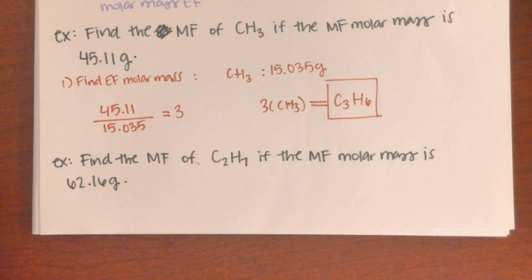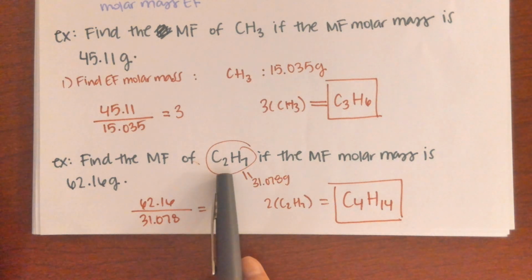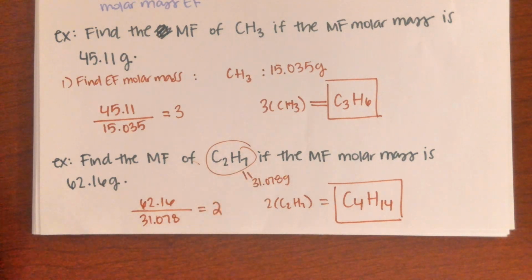Pause the video and then play once you get your answer to check your work. Alright, so the answer is C4H14. I found the mass of C2H7, which comes out to be 31.078. I divided it by 62.016, which gets me to the whole number 2. And I multiplied it back in to get C4H14.